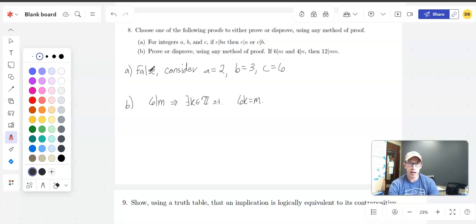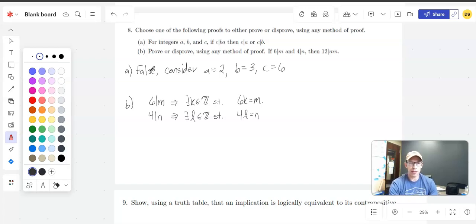And 4 divides n implies there exists an integer l, I'm going to use a different letter there because we don't need it to be the same one, such that 4l equals n. What we're doing here is just translating the divides symbol into an algebraic equation.